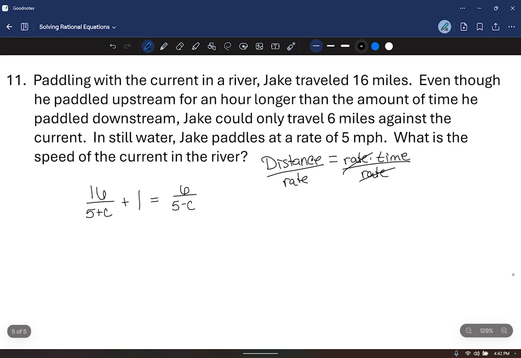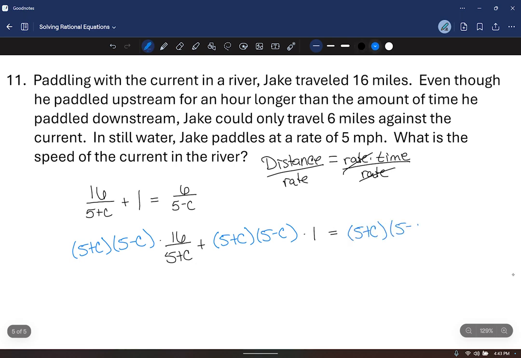So now I have an equation, and I have a 5 minus c on the bottom, and I have a 5 plus c, so I will multiply everything by 5 plus c and 5 minus c. So I have that times 16 over 5 plus c plus 5 plus c times 5 minus c times 1 equals 5 plus c times 5 minus c times the 6 over 5 minus c.